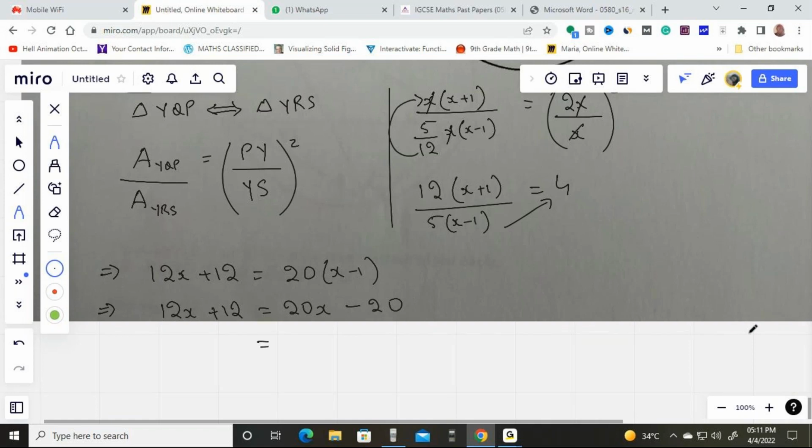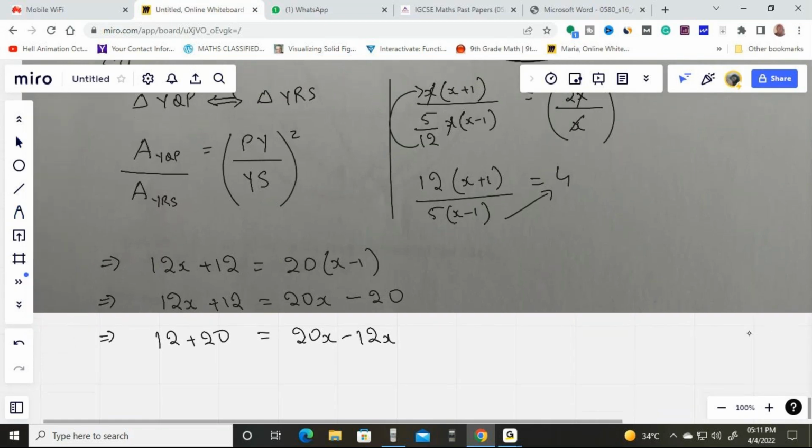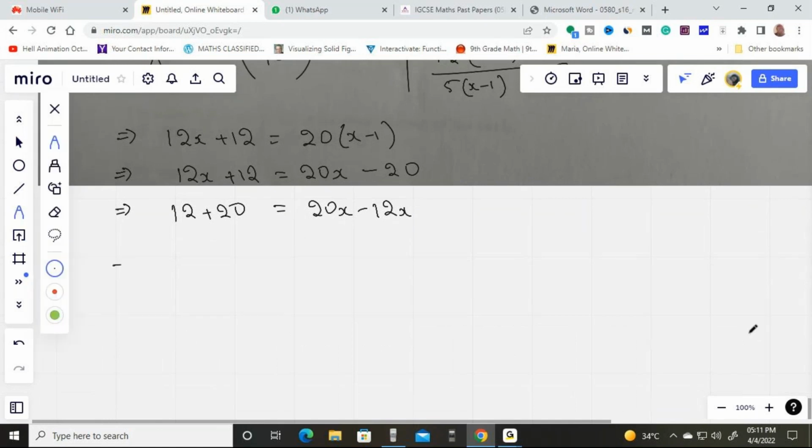Now I can write my variable at the left side. This is the tradition of algebra. You always write the variable at the left side. So this is giving me 8x equals 22.